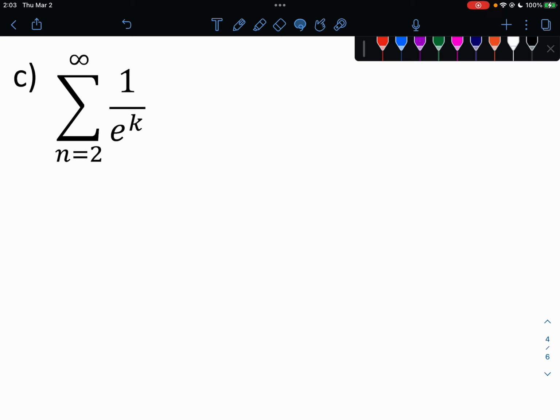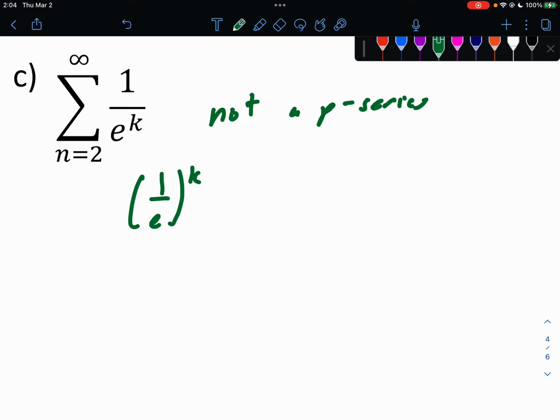Last one. This is not a p-series, so we cannot use the p-series theorem to do this, but it is a series we might be able to do without that. We could think of it as 1 over e to the k, 1 times that, which means this is a geometric series.